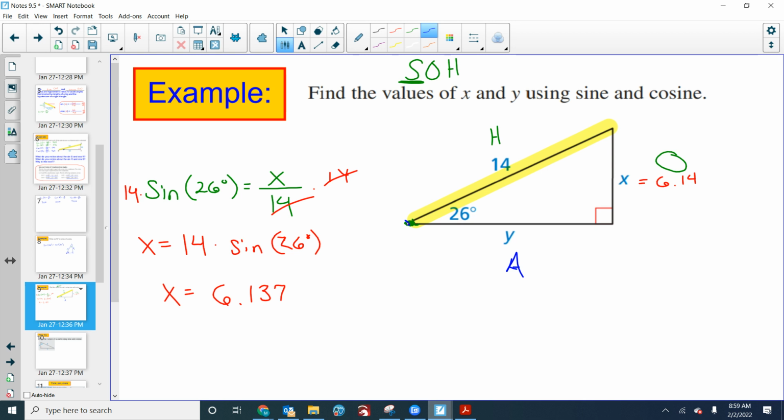What if we got that wrong? Let's use the 14. 14 is the hypotenuse. Adjacent and hypotenuse tells me to use cosine. So the cosine of 26 degrees equals, what goes in the numerator, y or 14? Y. Because it's the adjacent side.